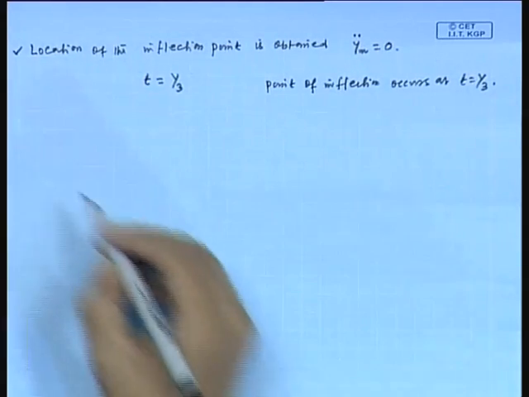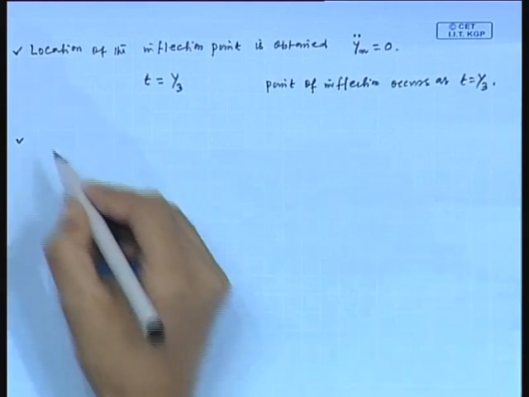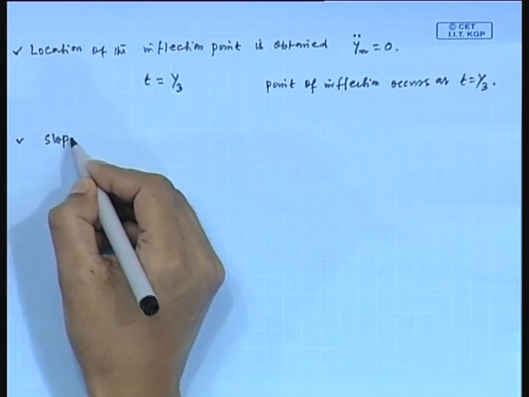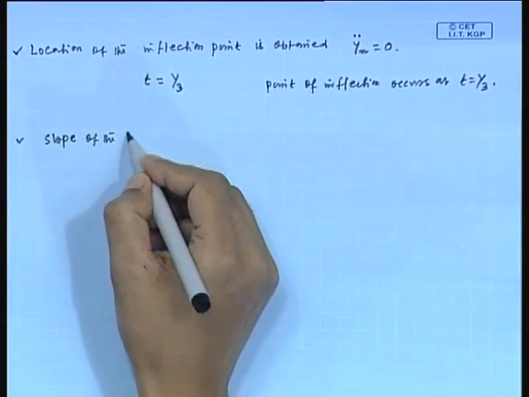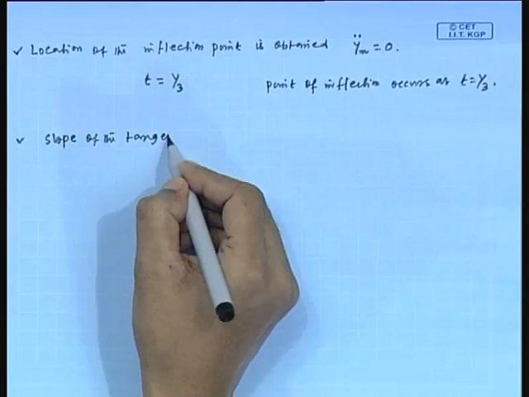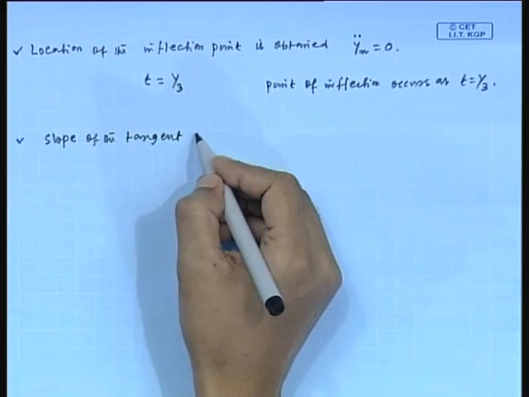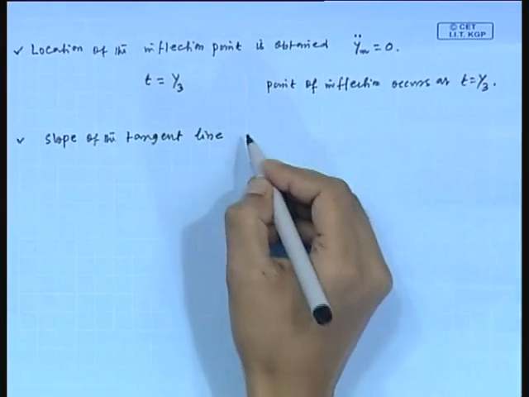In the next step, we will determine the slope of the tangent line through this point.